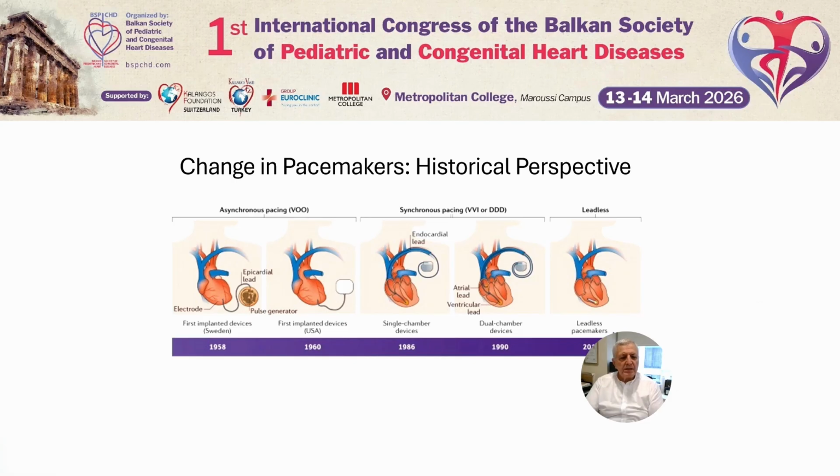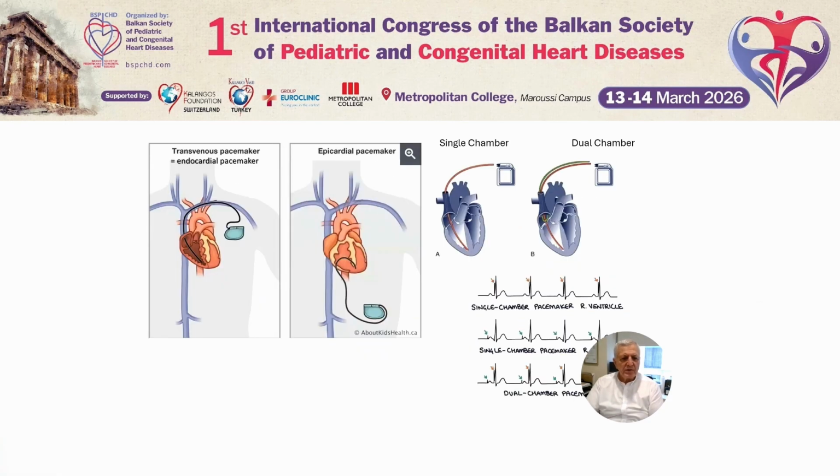If you look at the timeline, in the 1950s epicardial systems were used, after the 1980s transvenous systems started to replace epicardial pacing systems, and around 2000 the leadless pacemaker was developed. For a transvenous pacemaker, we need a lead that passes through the great veins toward the right atrium or right ventricle.